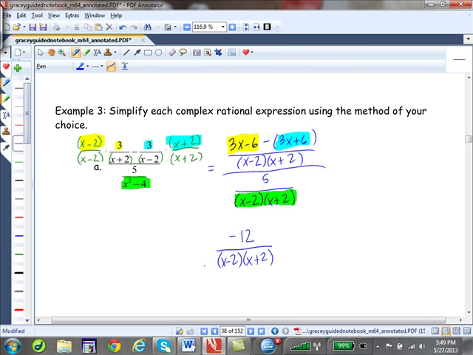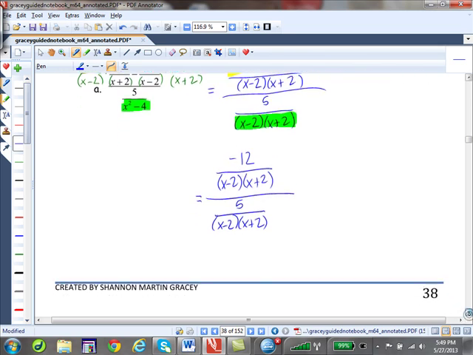And then that'll be over 5 over x minus 2 times x plus 2. And then we can rewrite this as a division problem. So again, I've been using method 1.